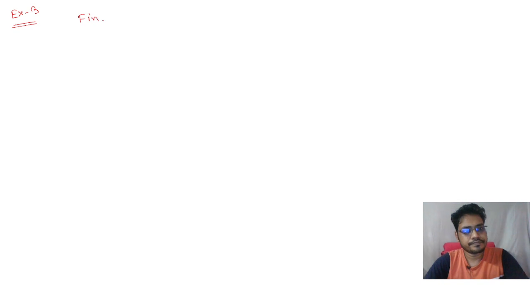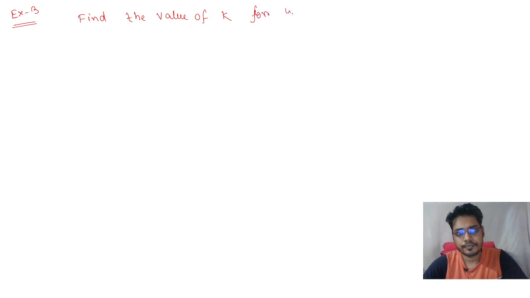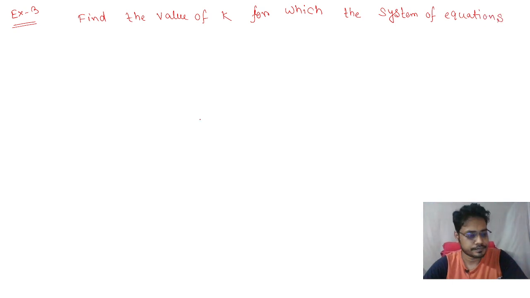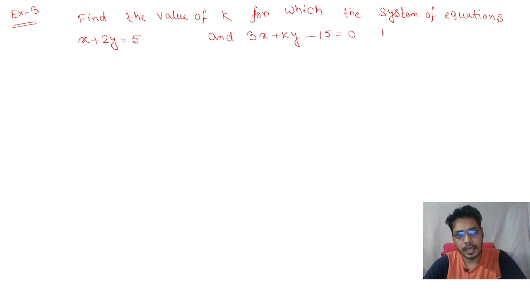Find the value of k for which the system of equations x plus 2y equals to 5 and 3x plus ky minus 15 is equals to 0 has no solution.